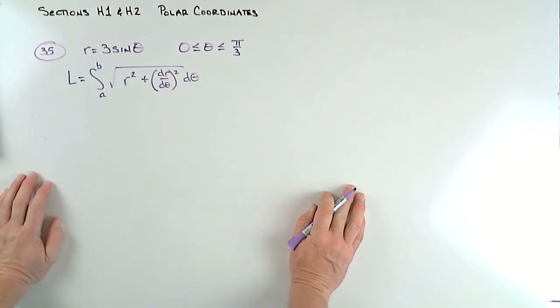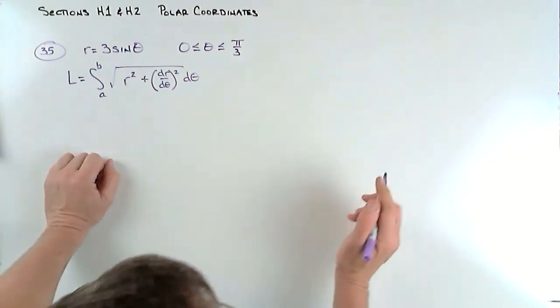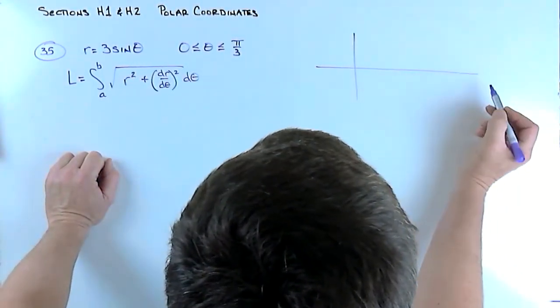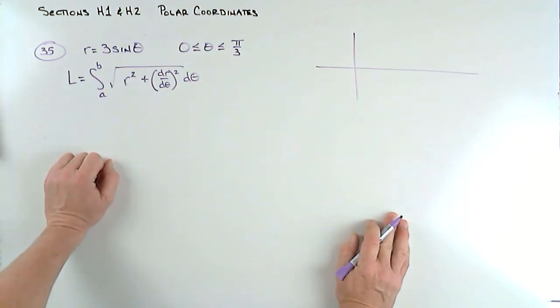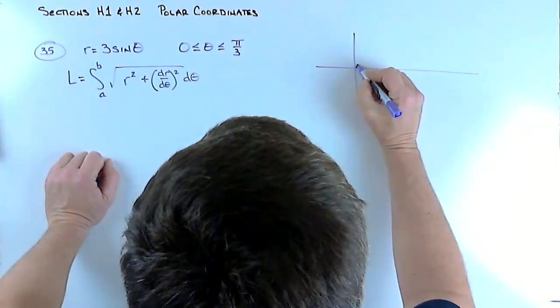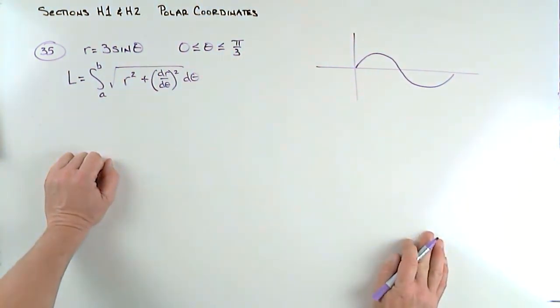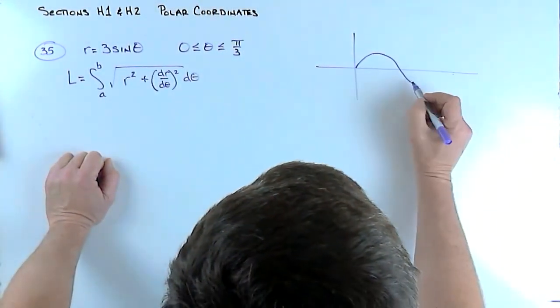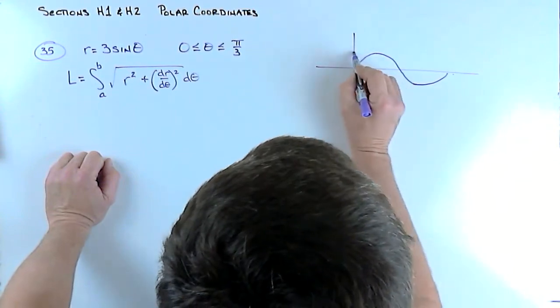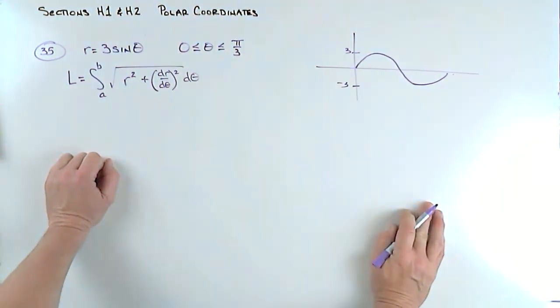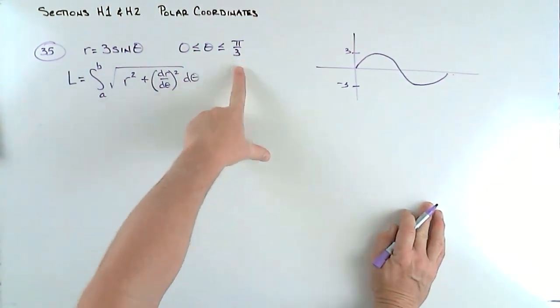So what does this look like? If we draw this, we're going to draw the graph of 3 sine theta. It's not required that you draw it, but for me, it just makes more sense if I can see what I'm following the arc of. We're just drawing the graph of sine here, 3 sine. So this is going to be 3 and this is going to be -3. And we only want to go from 0 to pi over 3.